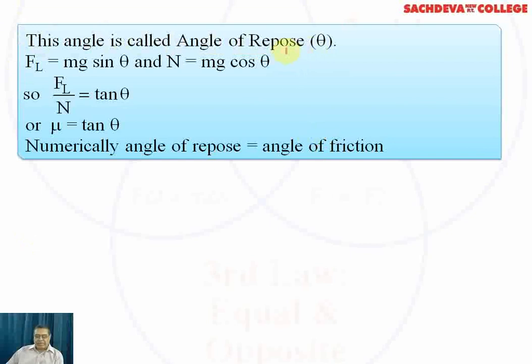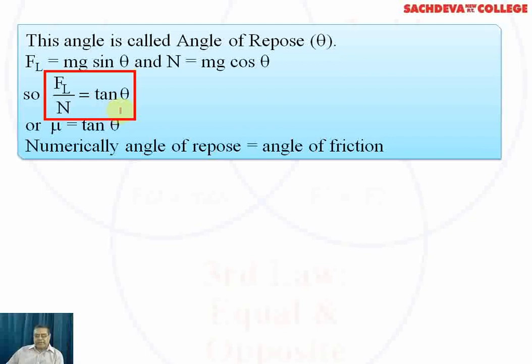Now we will write FL balanced by mg sin theta. So FL is equal to mg sin theta, and the normal reaction is balanced by mg cos theta, that is, N is equal to mg cos theta. Now we find that FL and N are at right angles to each other. We will use the definition of the angle of friction.